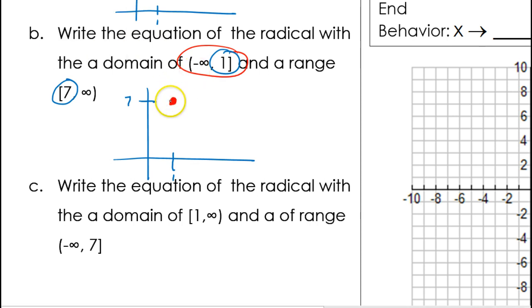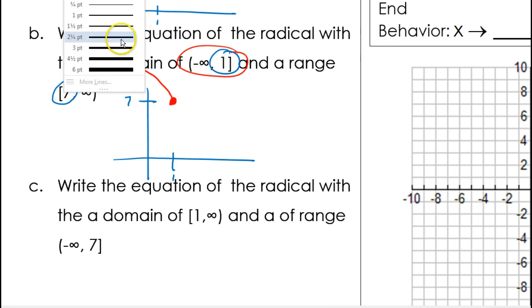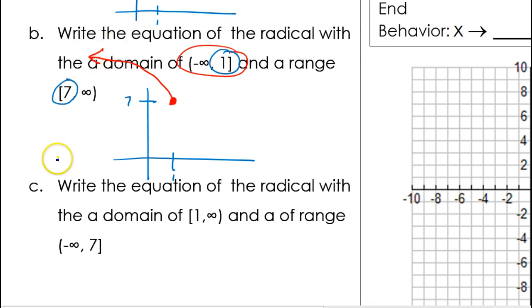However, as we discussed, we need this graph to be curving to the left. That way, the domain will be from negative infinity to 1. If I were to trace the domain on the x-axis, it would go from negative infinity to 1. That would be the shadow of this graph on the x-axis.